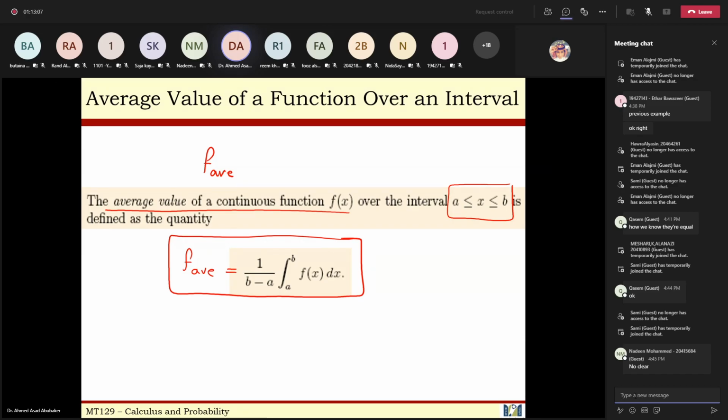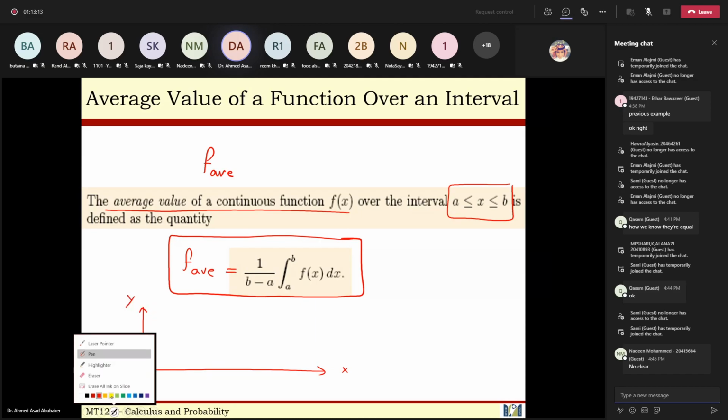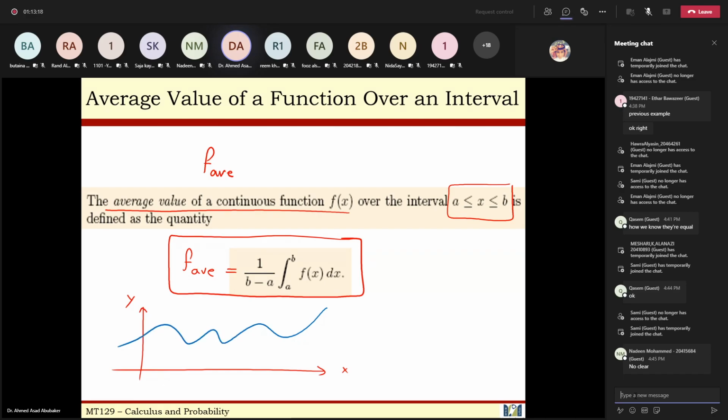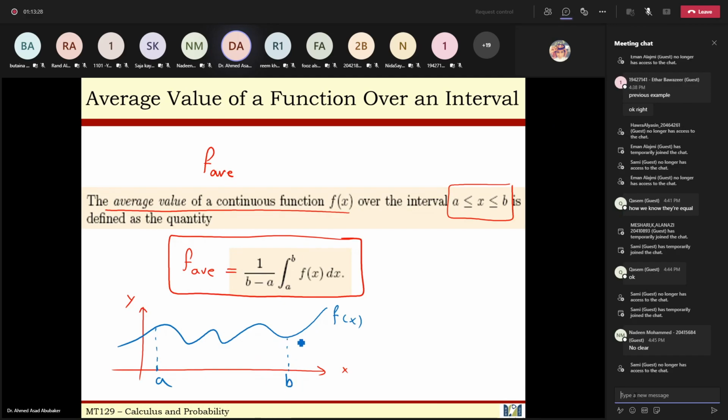For example, if we have x and y, and we have f of x like this, and we have a and b. We need to find the average.